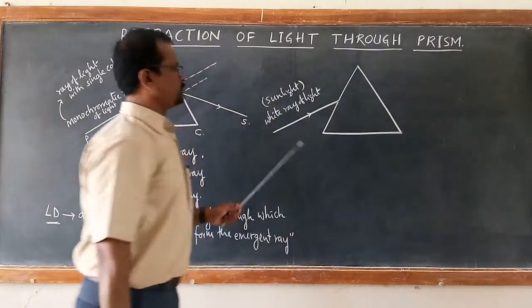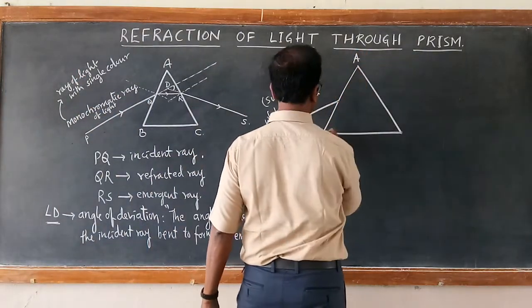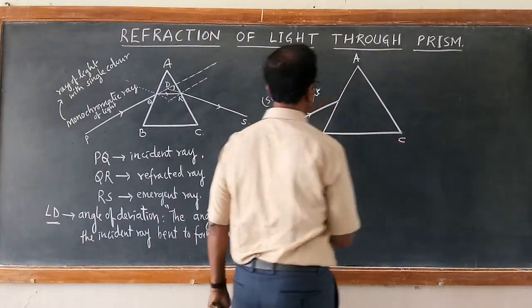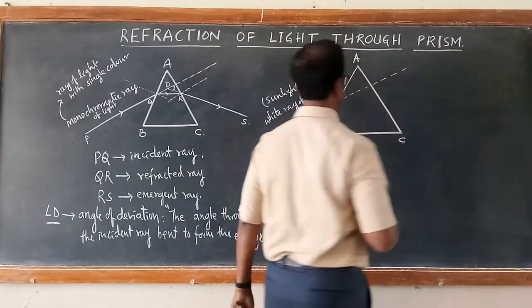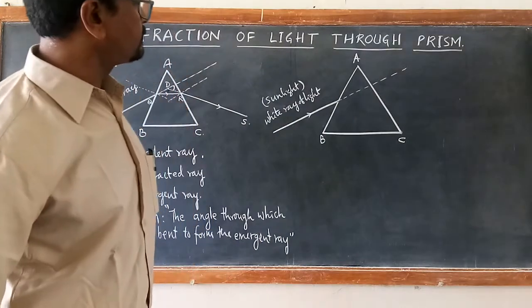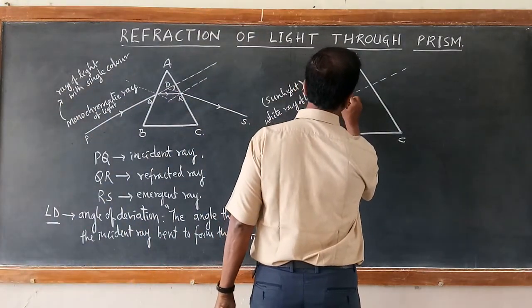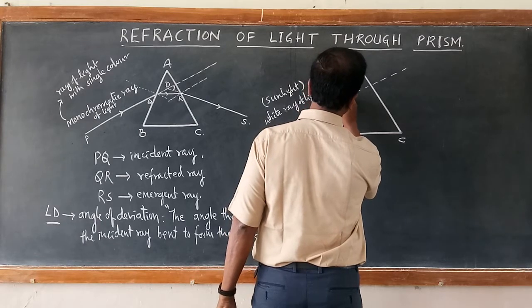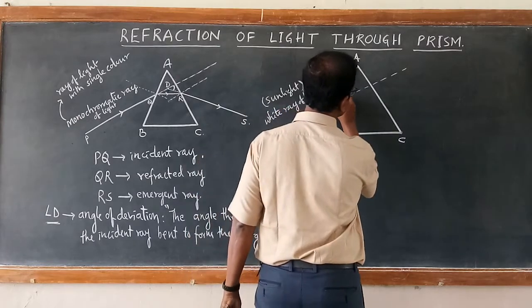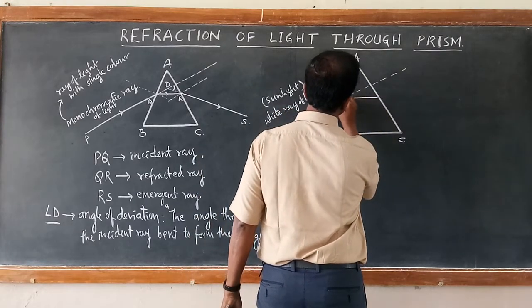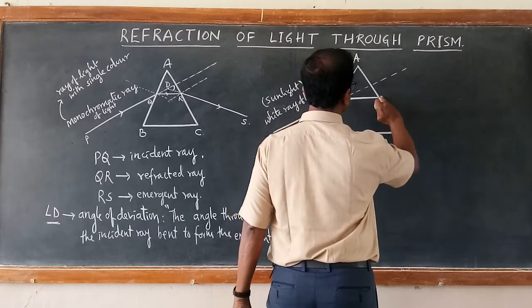When sunlight is made to pass through a prism, what happens? Again, let us take prism ABC. If this is an incident ray, undeviated path of the incident ray, then you will find the bending of this ray of light, and along with the bending, this ray of light splits into 7 colors.